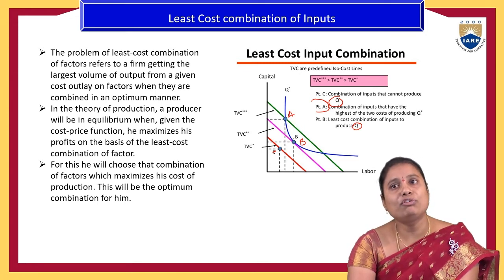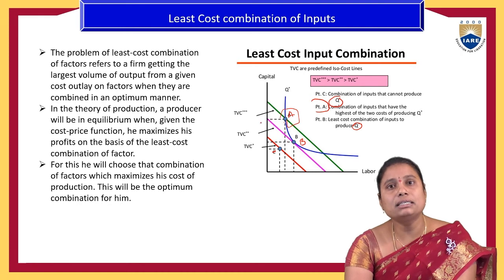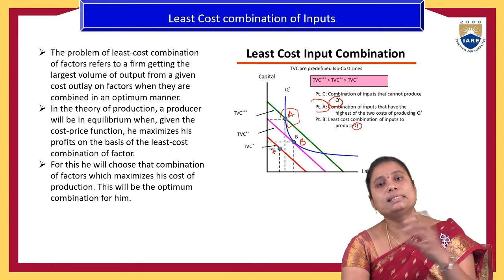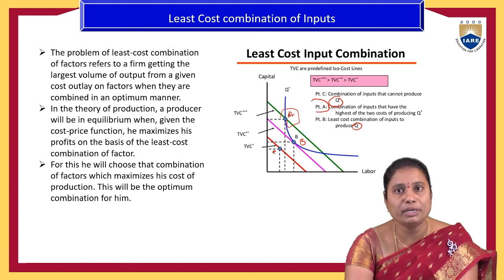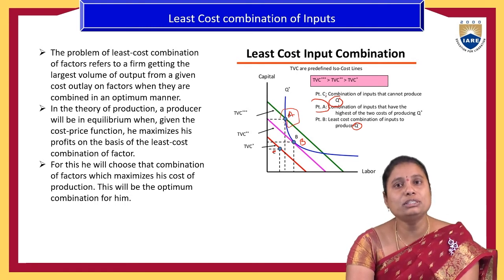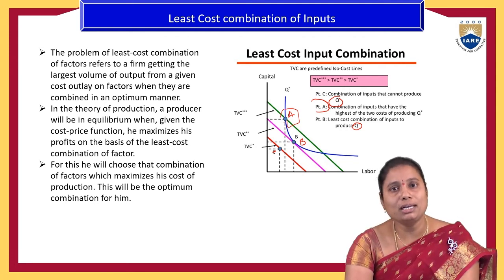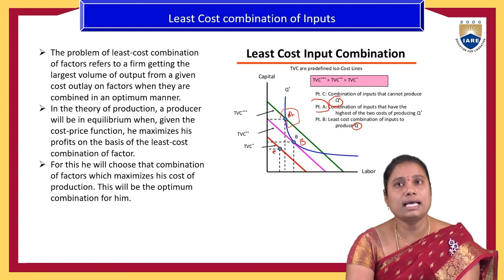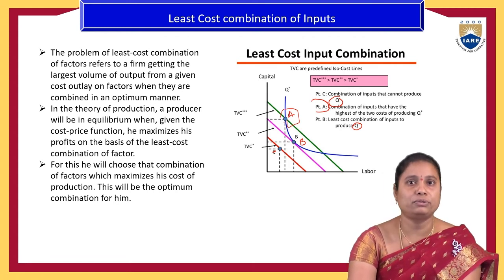Then he can go for the A combination of inputs rather than B and C. So here he is analyzing the various marginal rates of technical substitution and the combinations of inputs and choosing the best one for production. That is called the least cost combination of inputs.